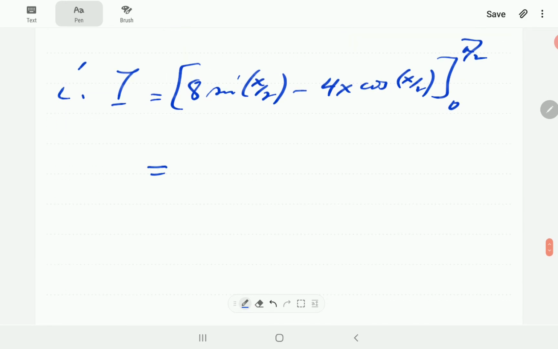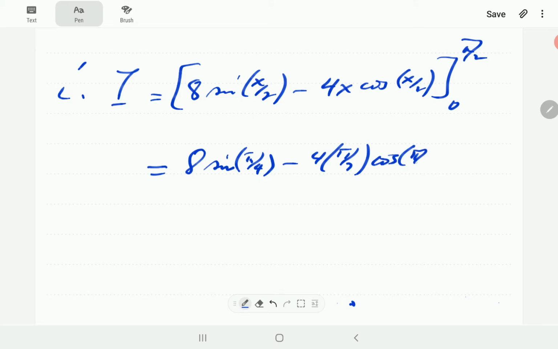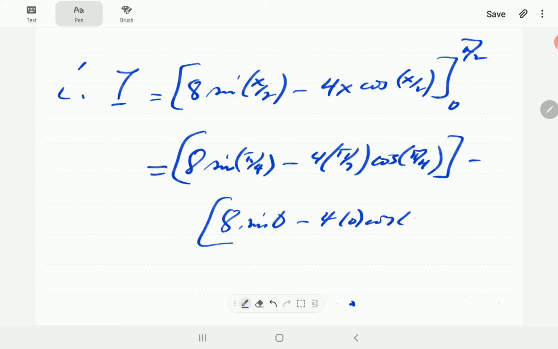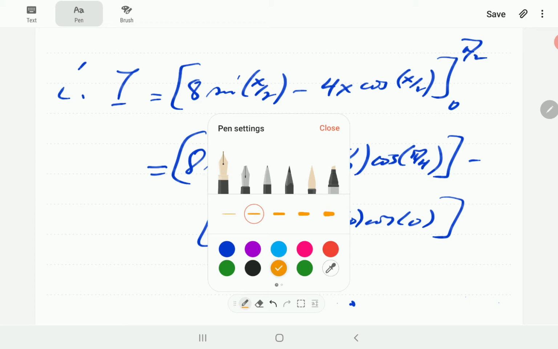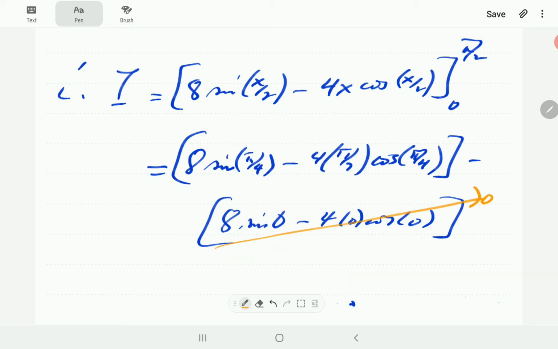If we plug in pi on 2 here, this is going to be 8 sine pi on 4 minus 4 times pi on 2 cosine pi on 4. So that's the first term. Take away, when x equals 0, this is going to be 8 times sine 0 minus 4 times 0 times cosine 0. So that whole second term works out to 0.